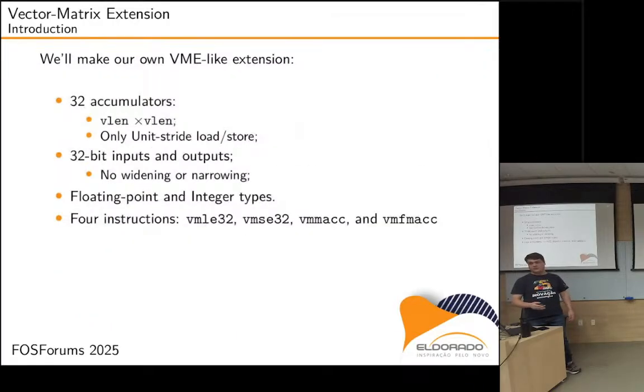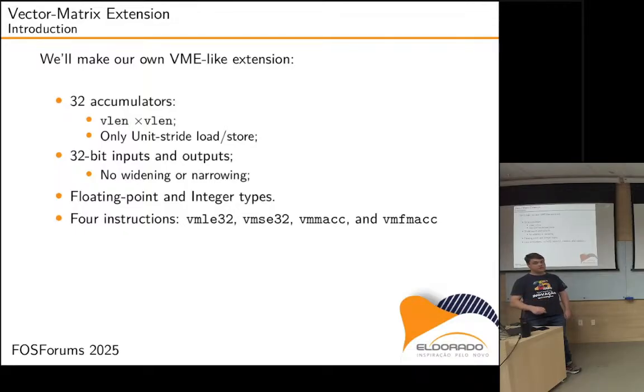We decided to implement our own VME-like extension. We'll do whatever we want because it's just simulation. We are not bound by the physical limits of silicon. So we have 32 very big accumulators. We have instructions to load and store these accumulators for the sake of context switching, for instance.